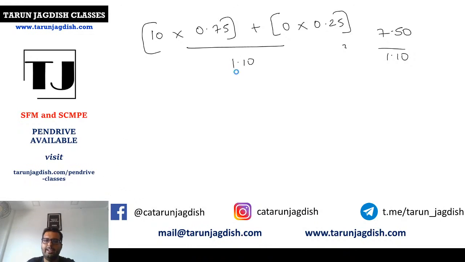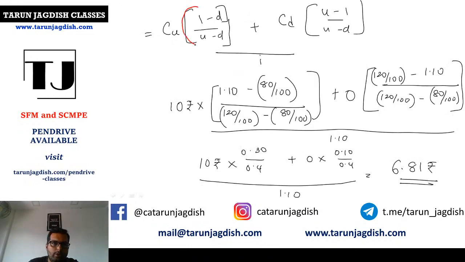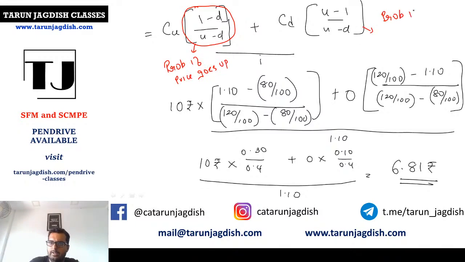Or friends, can I say this whole equation is the equation to find out what is the probability if the price goes up? And this is the probability if the price goes down. Am I right?